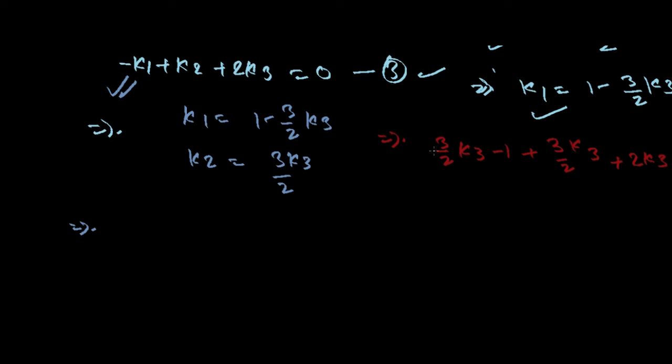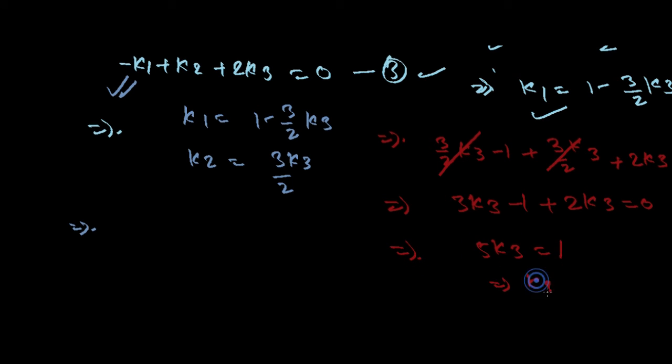So this 3 by 2 K3 and this 3 by 2 K3 will become 3K3. Minus 1 plus 2K3 equals 0. It means that 5K3 equals 1. So K3 equals 1 by 5, right? Okay, so K3 equals 1 by 5.